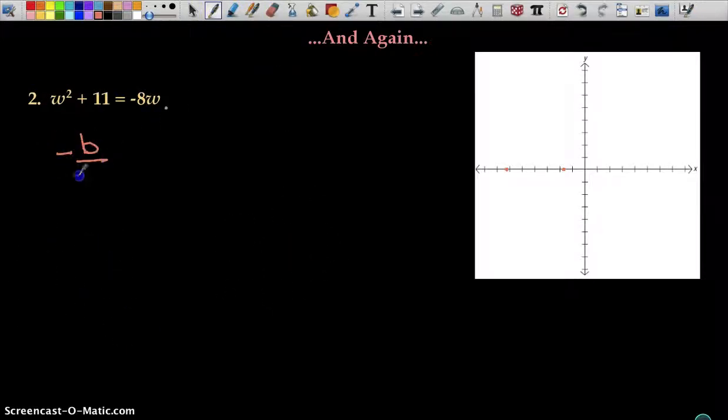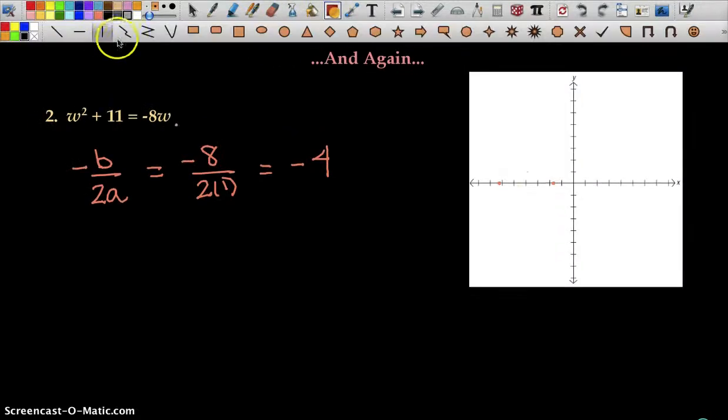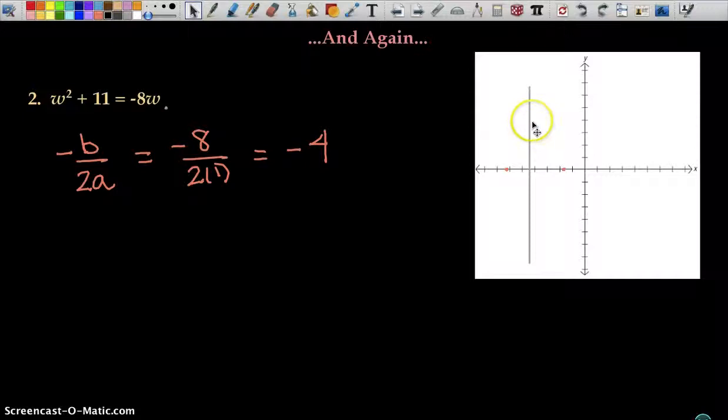So negative b over 2a, which means negative 8 divided by 2 times 1, which is negative 4. So that would put that line, the axis of symmetry, right about 1, 2, 3, 4, right there. Not right there. And let me shift that over. It would put it right there.